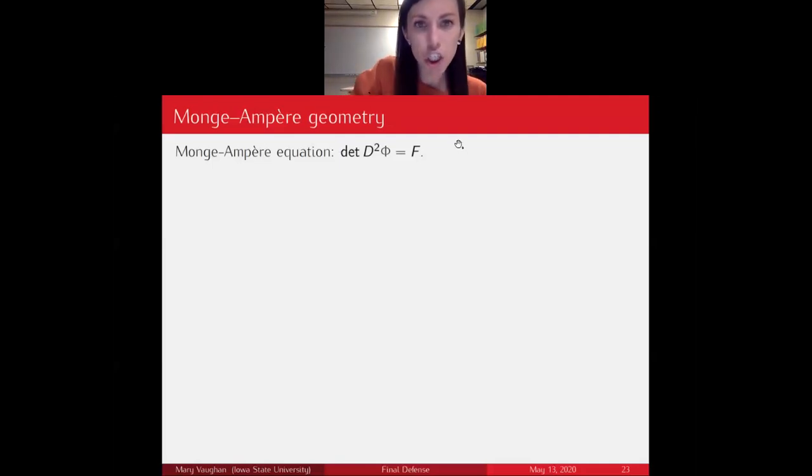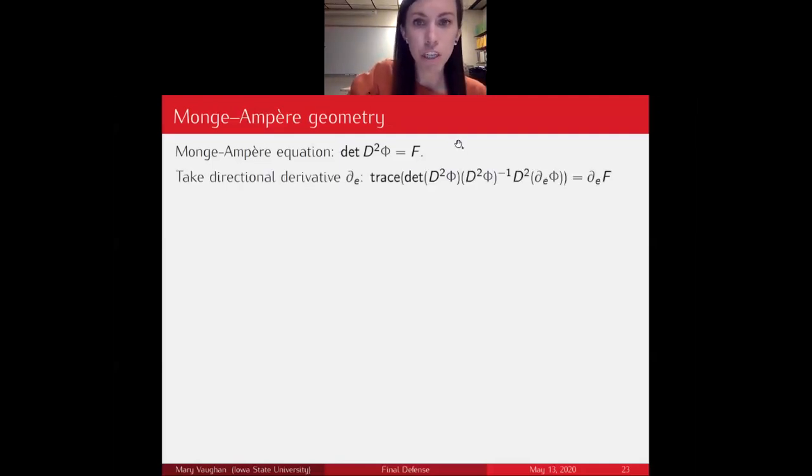One thing you can do to study regularity estimates of this is take the directional derivative in the direction of e, and then this becomes a trace equation. On the right-hand side, I just have the directional derivative of f. I have the trace, and then a matrix that has to do with the function phi, and then the Hessian of the derivative in the direction of e of phi.